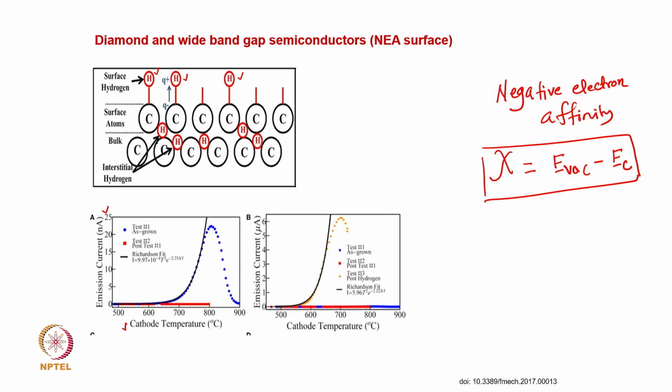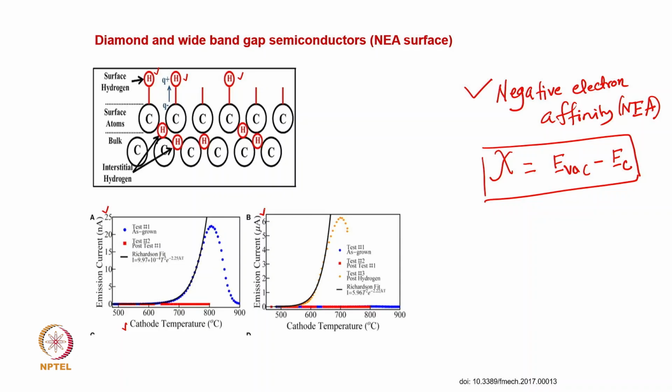It creates a negative electron affinity, or NEA, surface. And as soon as the negative electron affinity surface is formed on diamond, there is a huge rise in the emission current density, almost 10 to the power 3 times higher.